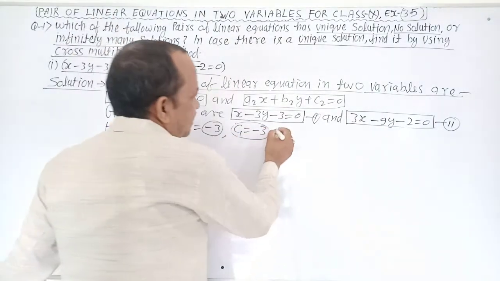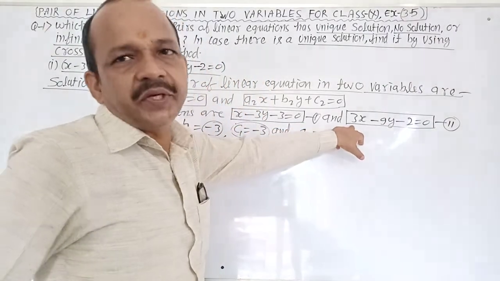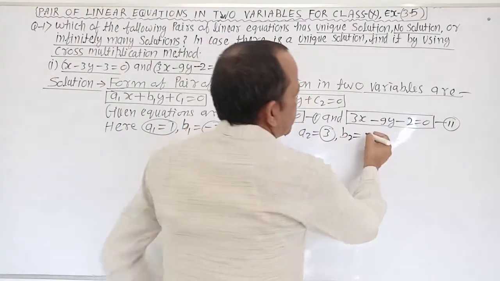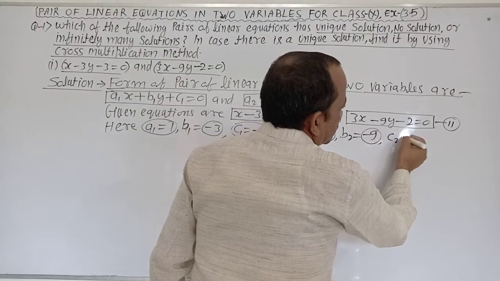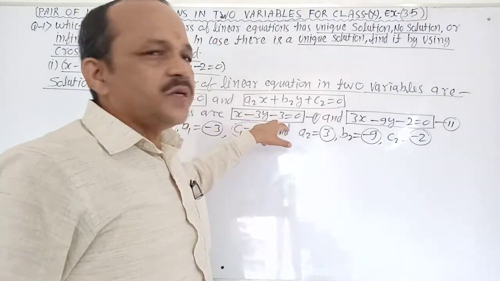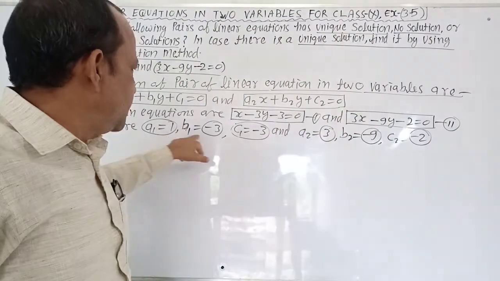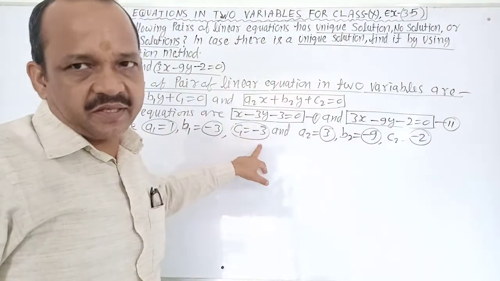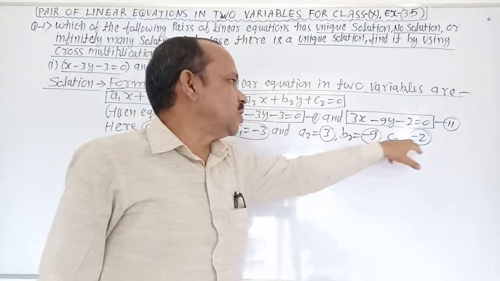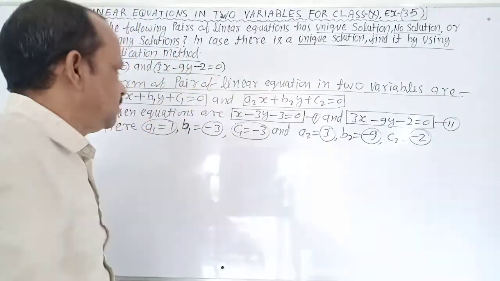Clear? And a2 equal to 3, b2 equal to minus 9, c2 equal to minus 2. So a1 equal to 1, b1 equal to minus 3, c1 equal to minus 3, a2 equal to 3, b2 equal to minus 9, c2 equal to minus 2. Clear? No confusion about it. Very good.